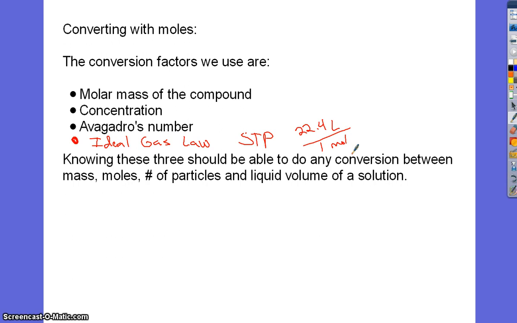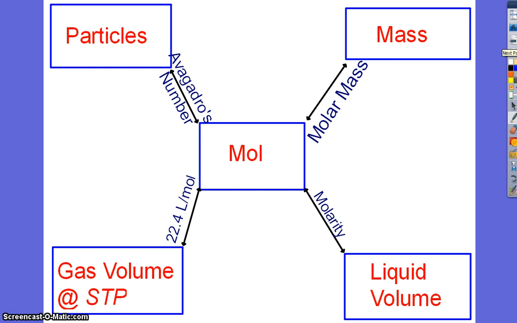So we can put this into kind of like a graphic. This is called the mole island. We put moles at the center, so moles is the common thing that with moles you can convert to everything else. Everything has to go through moles. So if I have particles and I want to go to moles, this bridge tells me I have to use Avogadro's number.